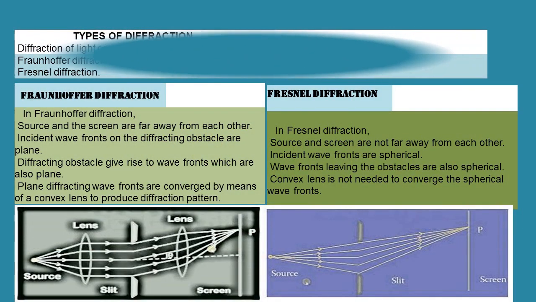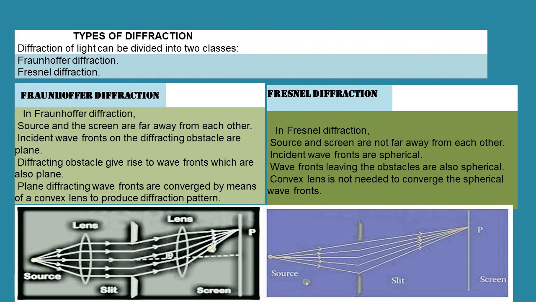Types of diffraction. Diffraction of light can be divided into two classes: Fraunhofer diffraction and Fresnel diffraction. First of all, I will explain Fraunhofer diffraction. In Fraunhofer diffraction, as you can see in the diagram, the source of light and the screen are far away from each other.